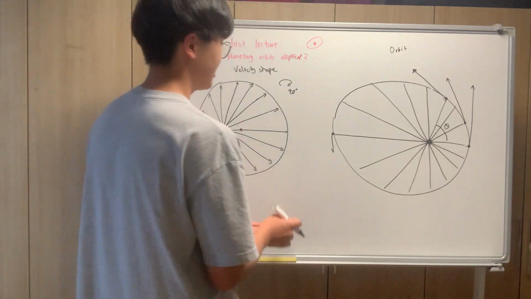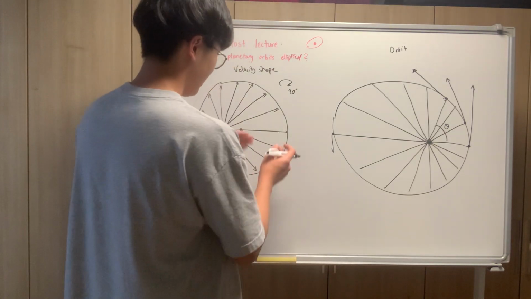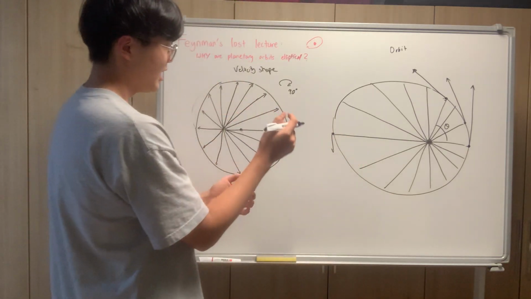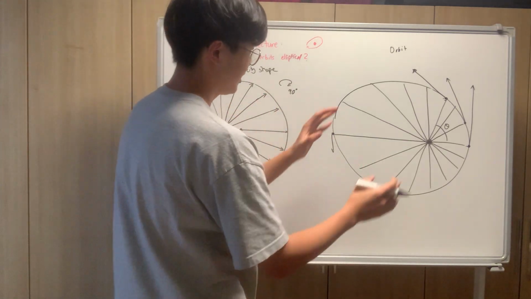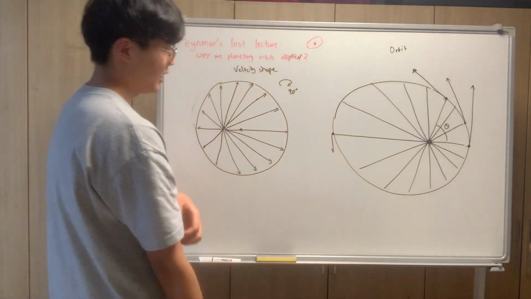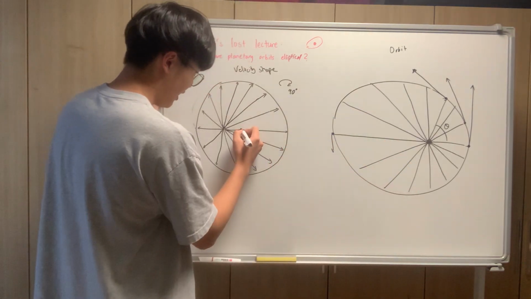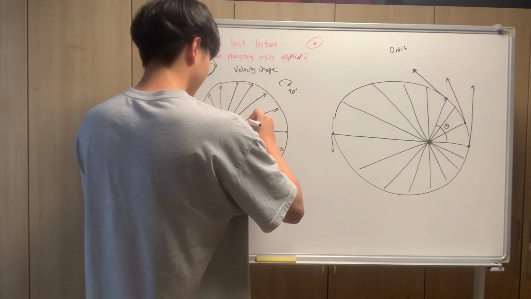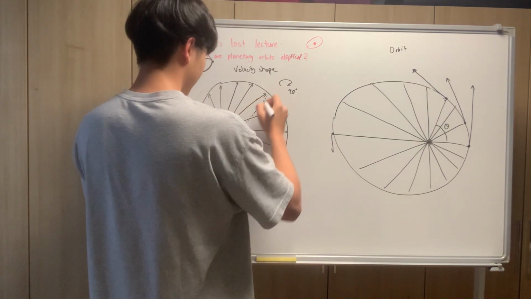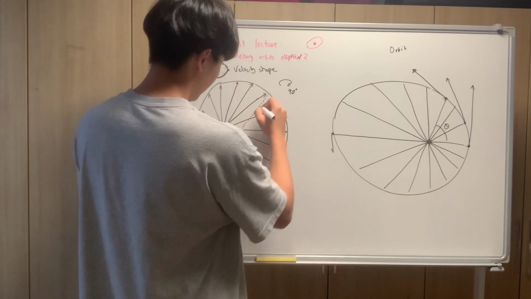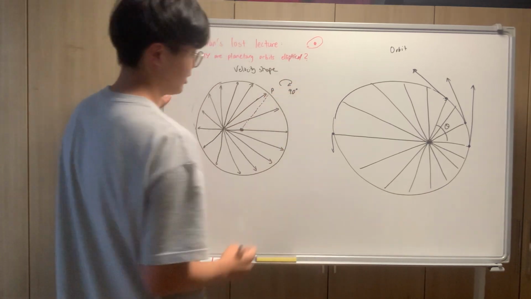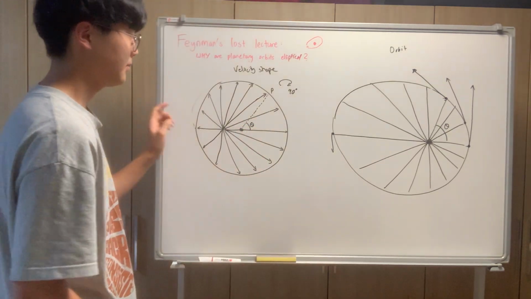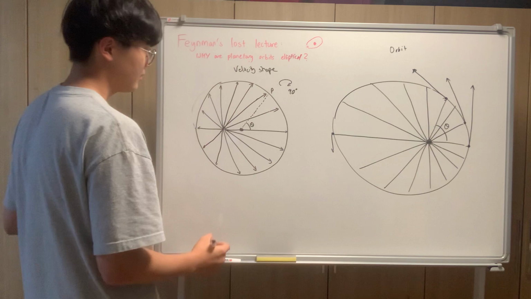The effect of acceleration would be the same in this diagram and this diagram. And so if we have the center over here, and we plot a line from the center to this point over here, let's call that P, we could say that this angle is equal to theta.